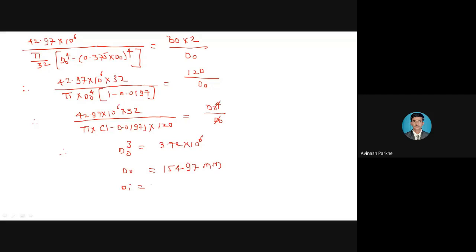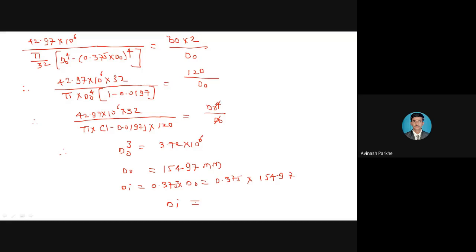Then DI is equal to 0.375 into DO. Therefore, 0.375 into 154.97, and you will get the internal diameter. Yes, 58.11.